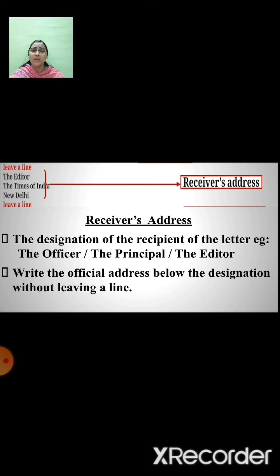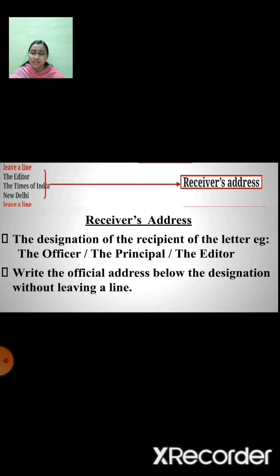Now, you will write the receiver's name only if it is mentioned in the question, or else you will directly write the designation. For example, the designation of the recipient is like the officer, the principal, the editor, and so on. Write the official address below the designation without leaving a line.